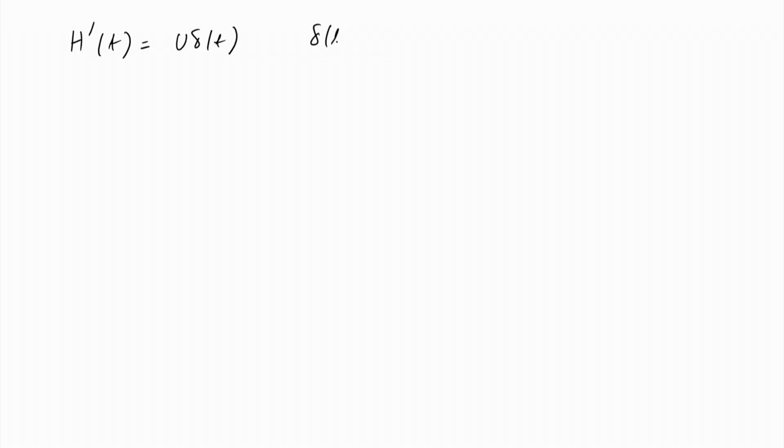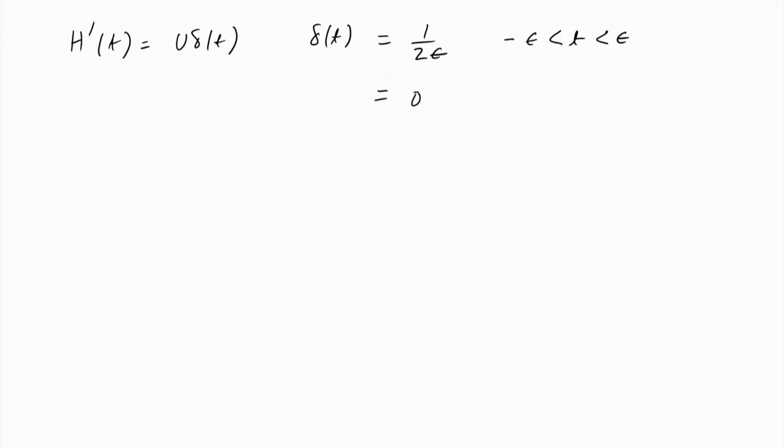So, delta t is equal to 1 by 2 epsilon for minus epsilon less than t less than epsilon, where epsilon is a small number about 0. As epsilon goes to 0, this becomes large, and this is how the delta function is defined in this case, and it is equal to 0 otherwise.